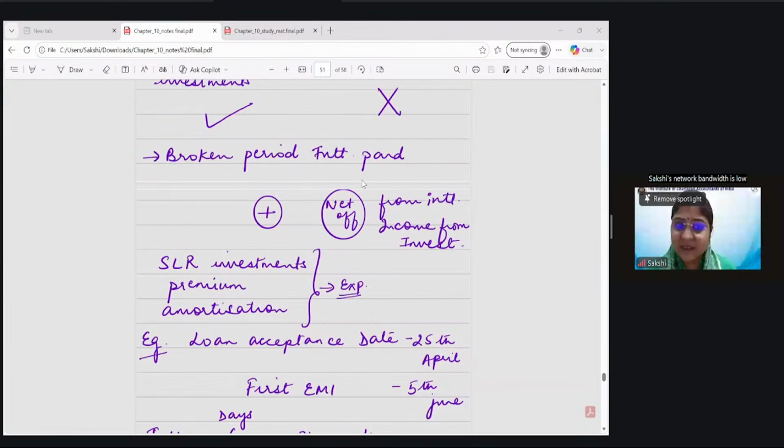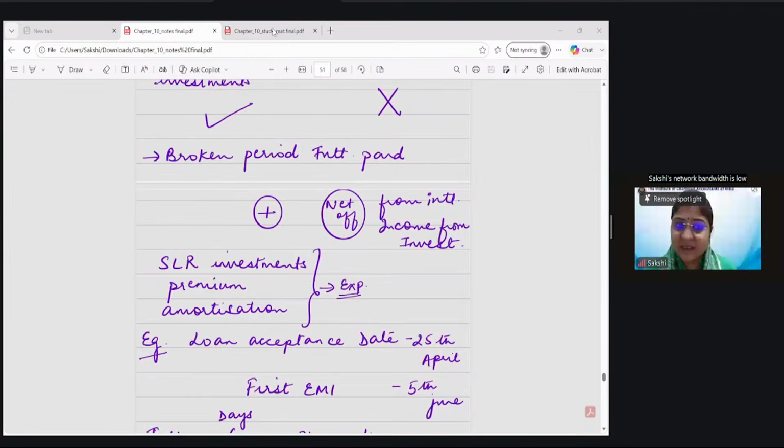Whatever income you are getting from investment, we will minus this broken period interest paid plus any kind of expenses of the bank. So simply remember: broken period interest plus the expenses of the bank like SLR investment will be netted off from the income from investment. Both these things are netted off.